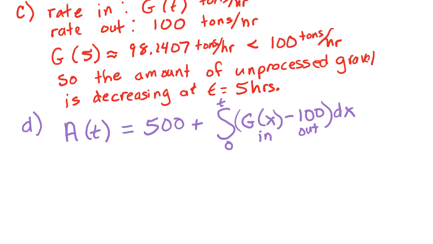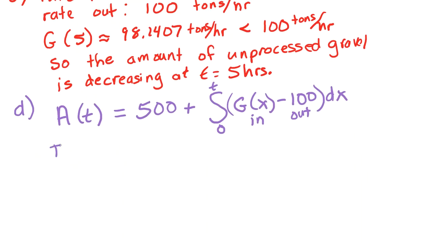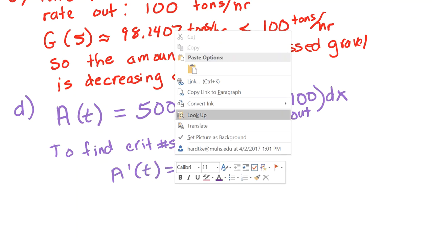So that means at a critical number. So to find critical numbers, we need to find A prime of t. Well, that I can really do faster without my calculator.